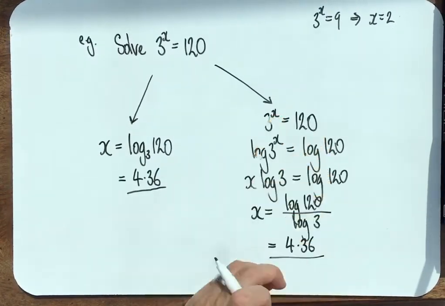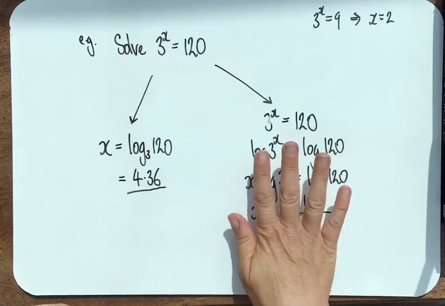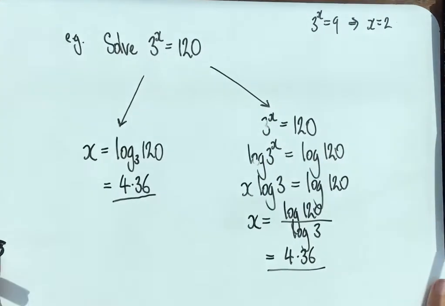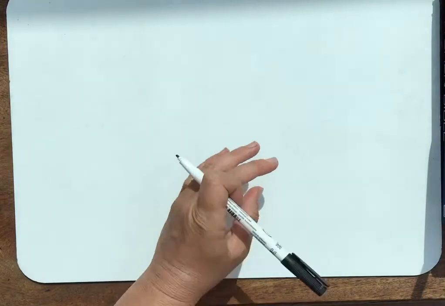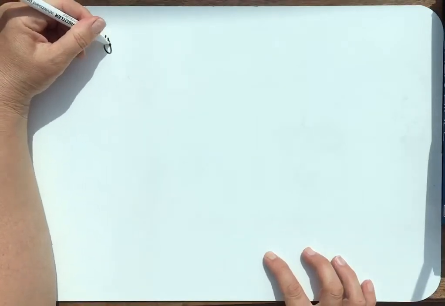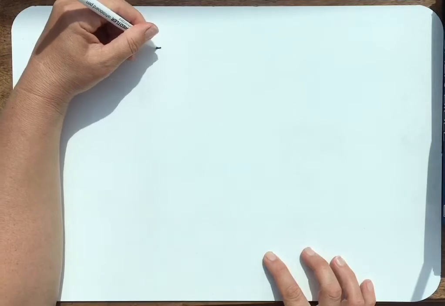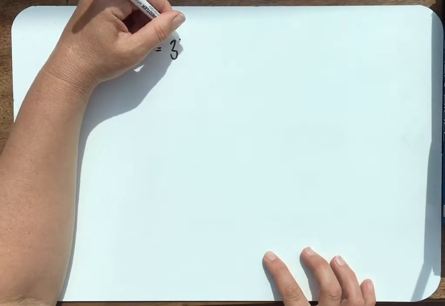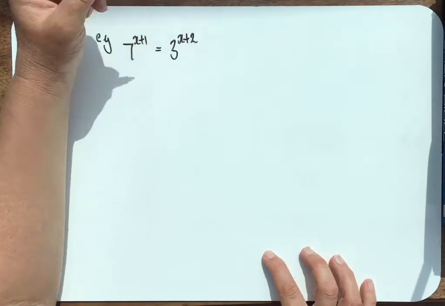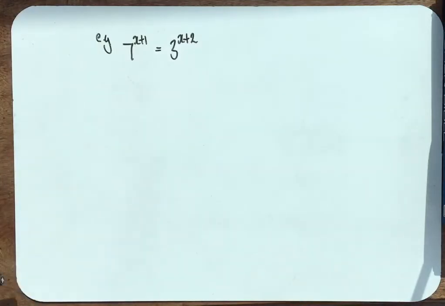But you need this method. I'm going to do a slightly hard one. I would use this method for this one. So, for instance, if you've got 7 to the power of x plus 1 equals 3 to the power of x plus 2, I would solve that by taking logs of both sides.